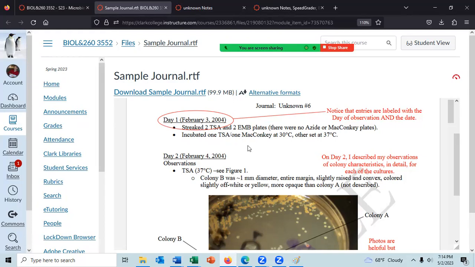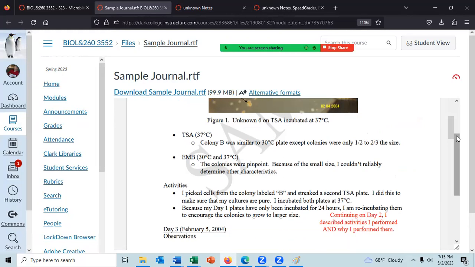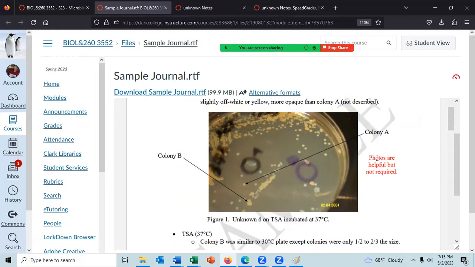And then you need to streak it out 2 times to get a pure culture. I'm going to give you a pure culture to start with, so you don't really need the beginning here. Although you could give the colony characteristics.